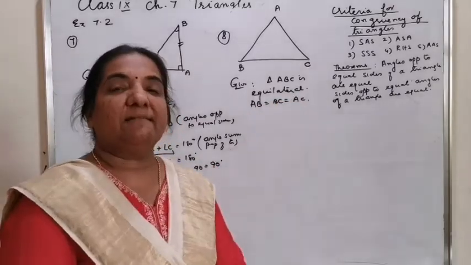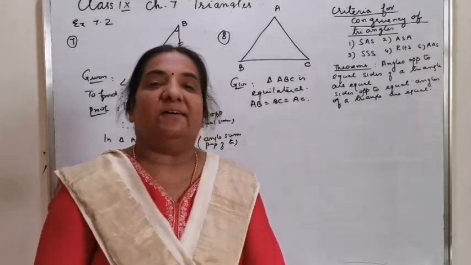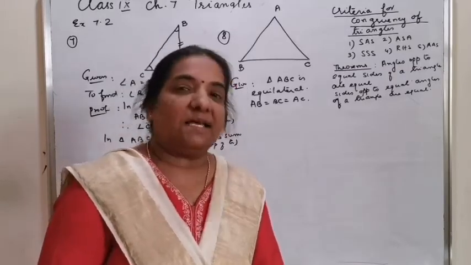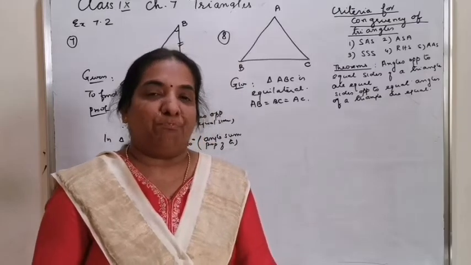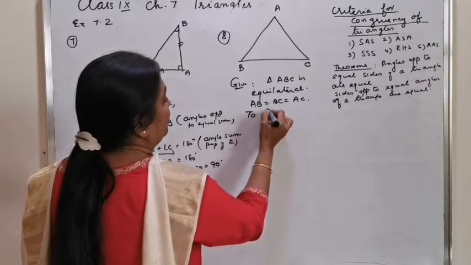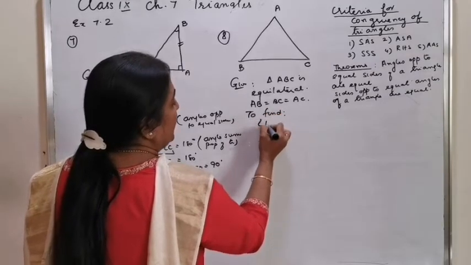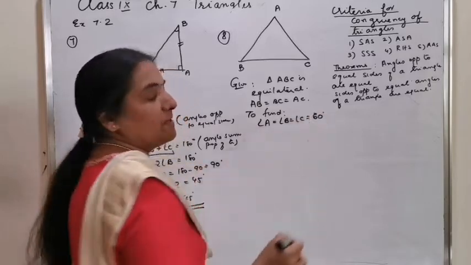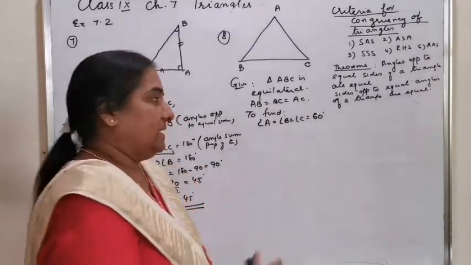That means in an equilateral triangle, all three sides are equal. And you are asked to prove that the angles are also equal and each measures 60 degree. So what is to prove is angle A equal to angle B is equal to angle C is equal to 60 degree.